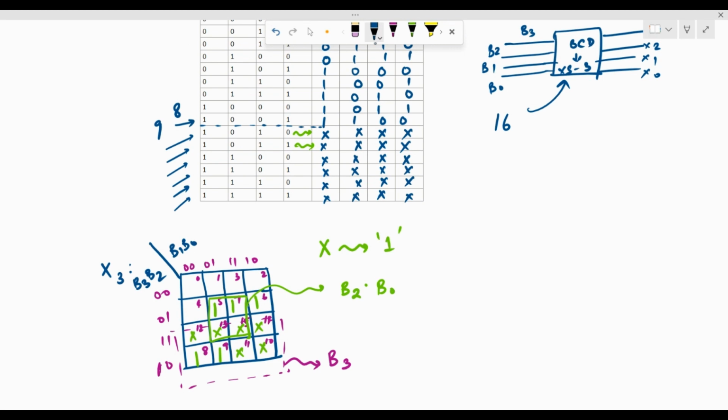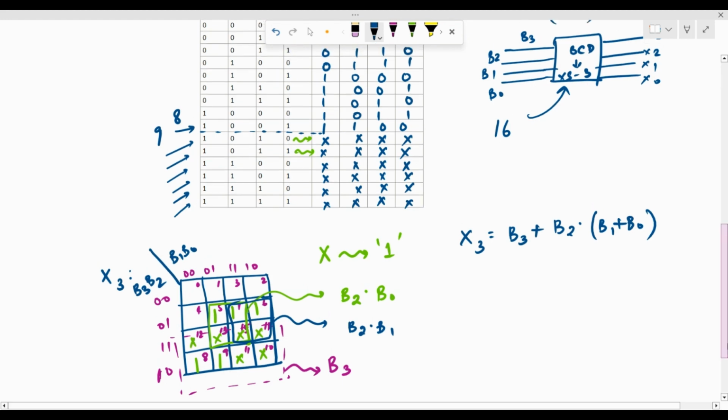The larger the group, the better it is, so we can group it with this, another quad, where the expression would be B2 ANDed with B1. So the expression for x3 therefore becomes B3 plus B2 ANDed with B1 plus B0. So this is the expression for x3.